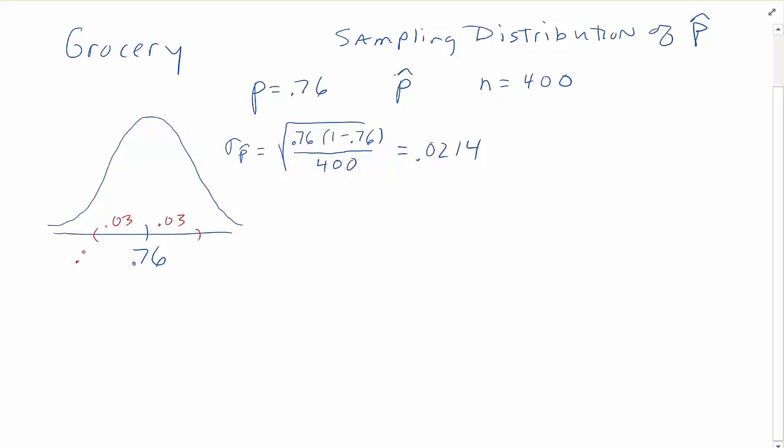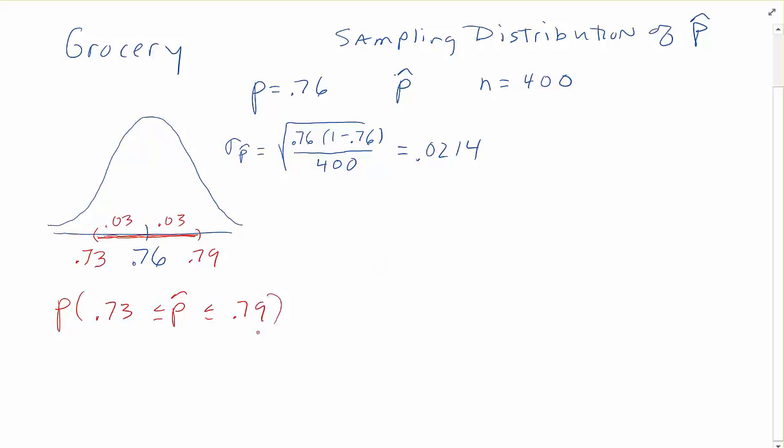So that would be equivalent to going down to 0.73 and up to 0.79. The problem is asking us to find the probability that the sample percentage is somewhere between 0.73 and 0.79. I also want to make a quick note that I do have symmetry here. I've gone the same distance from the center.